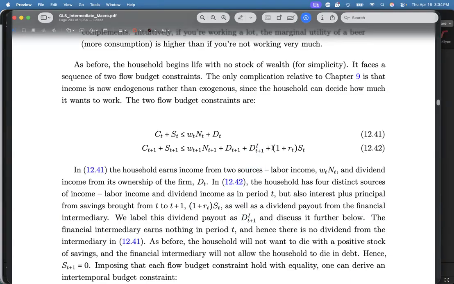Okay, the next period is (1 plus R_t) S_t. What is this? Again, this is coming from chapter 9. Why do you have this as an income in the future? It's the money you saved plus the interest you gained from saving. Correct.